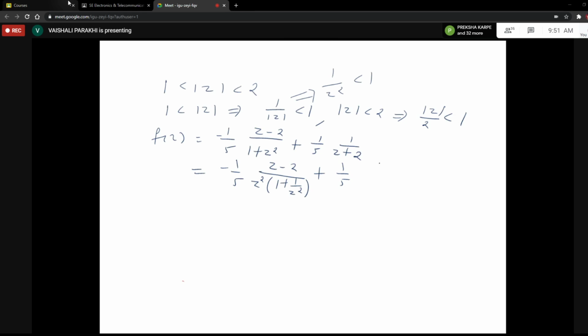In the second term, by what do you have to multiply and divide? Can you tell me, anybody? By what do you have to multiply and divide this denominator?